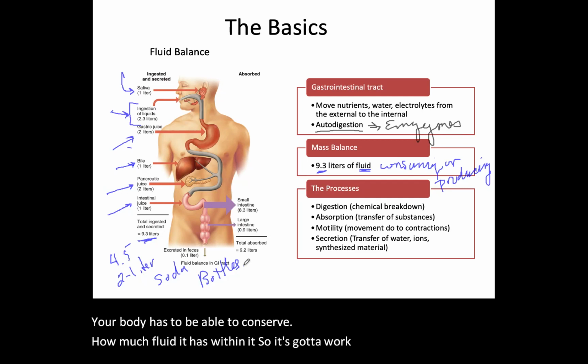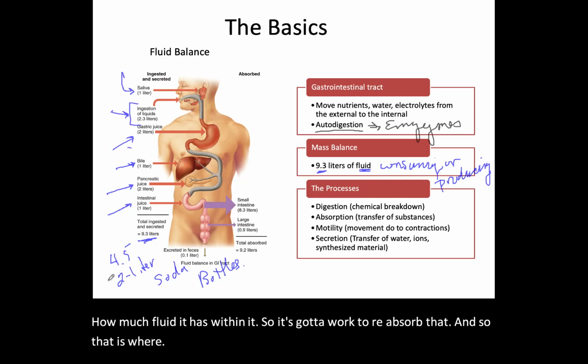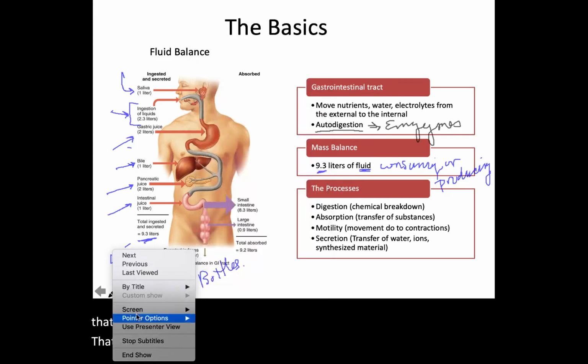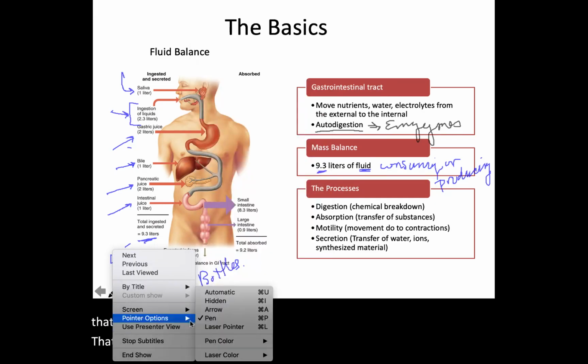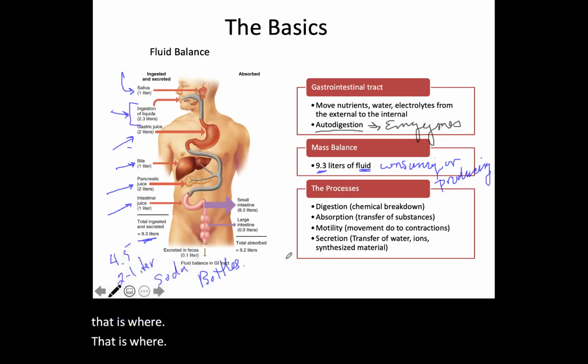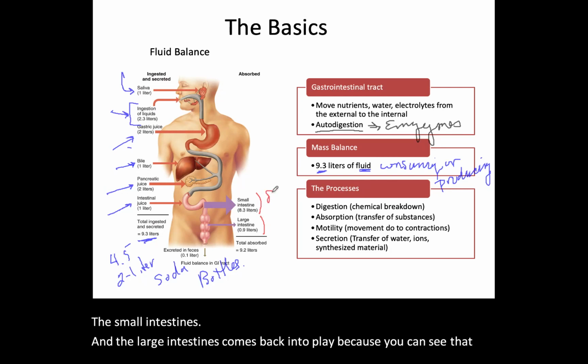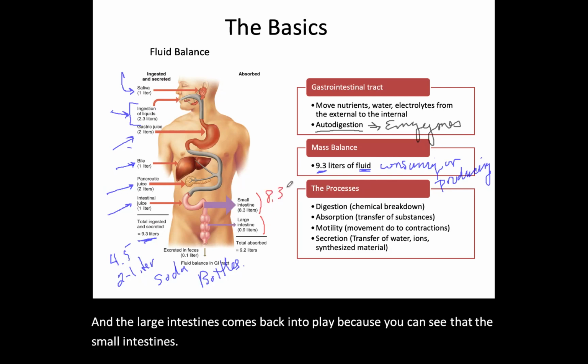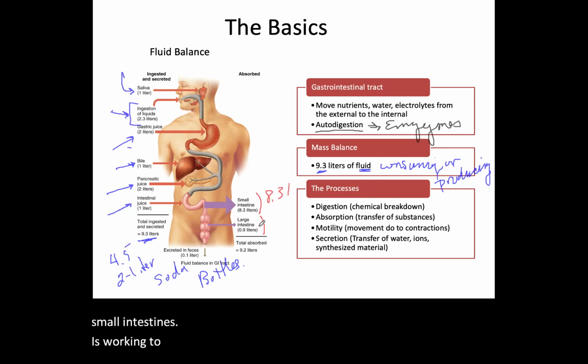And so that is where the small intestines and the large intestines come back into play, because you can see that the small intestines is working to absorb about 8.3 liters of that fluid.